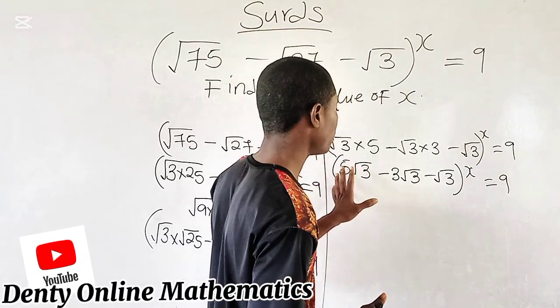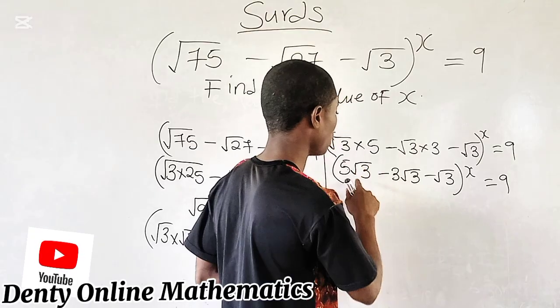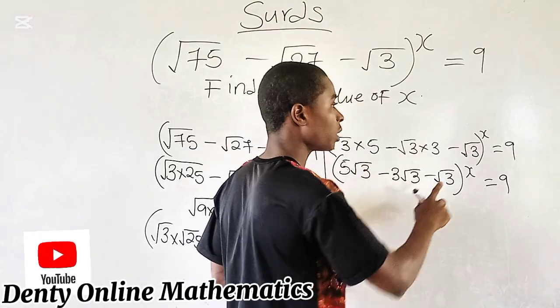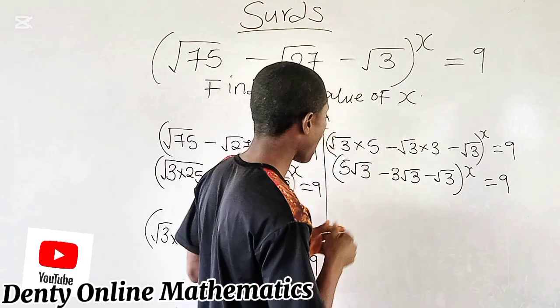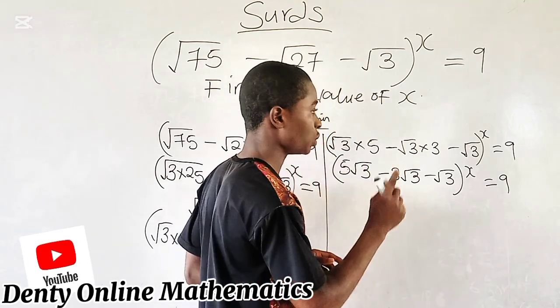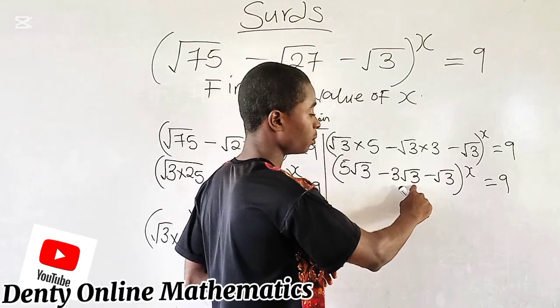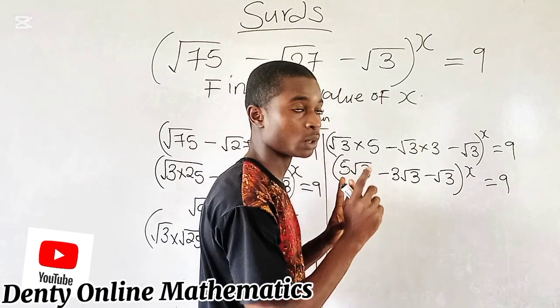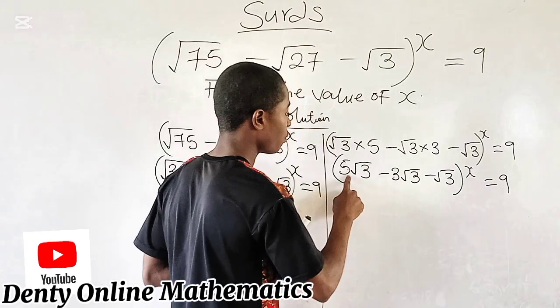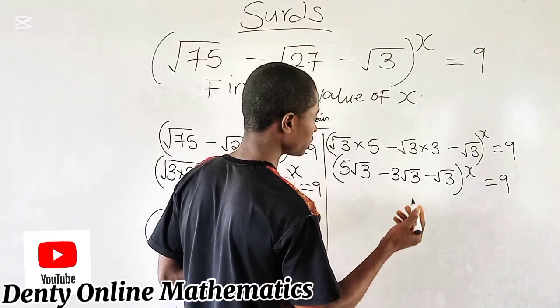If you have a common root, you can add or subtract the numbers ahead of them. Once you have roots that look alike, you can add or subtract them. So 5 minus 3, this will give us all.